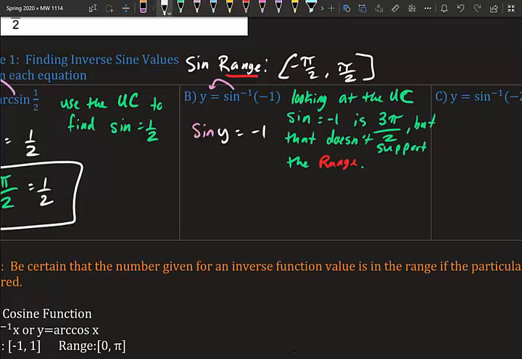The range is -pi/2 to pi/2. So let's find another value where sine equals positive and negative 1. You see it's at pi over 2. That supports our range, but pi over 2 equals 1.